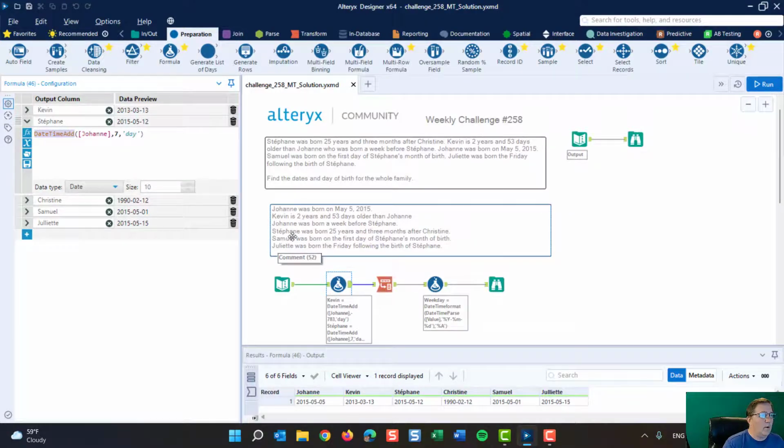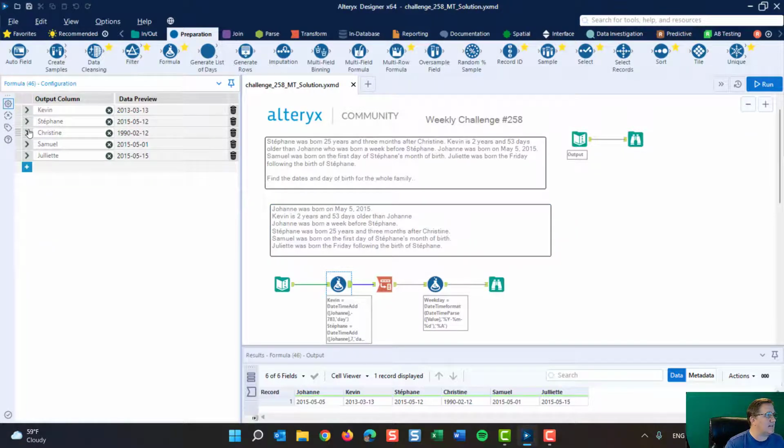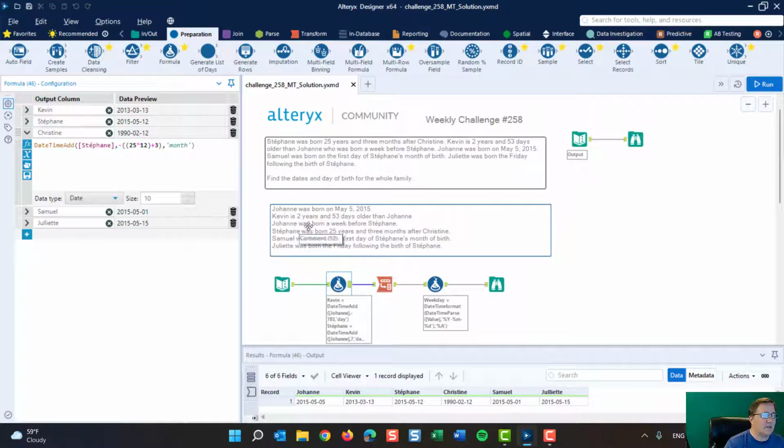Next, we look at it and we say, oh, okay, the next person in line is Christine. Well, Christine is related to Stefan. We've now got Stefan figured out up here. What we want to do is look at it and go, Stefan was born 25 years and 3 months after Christine.